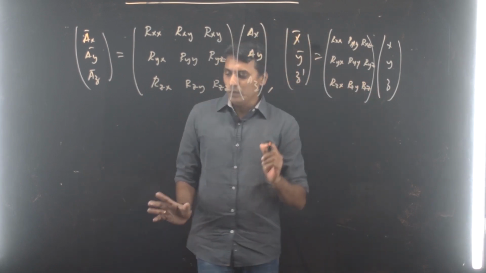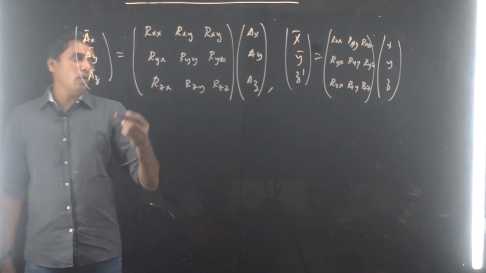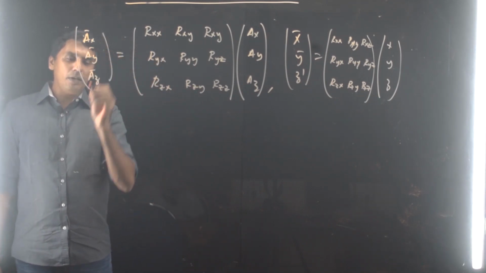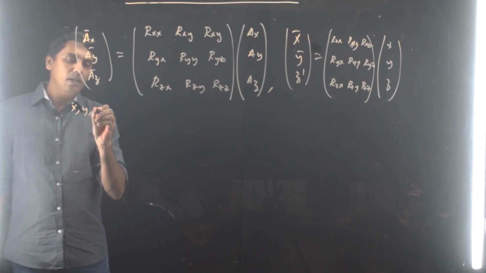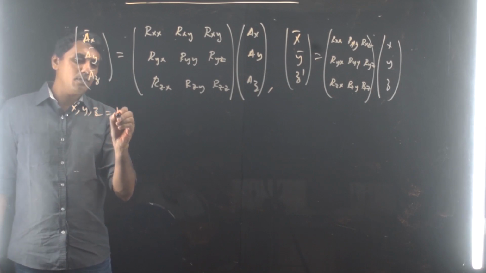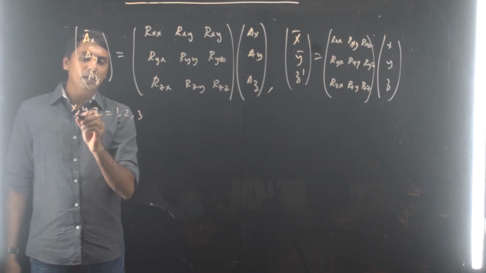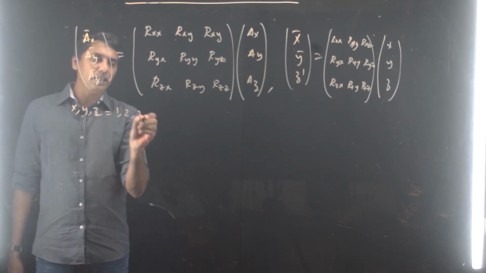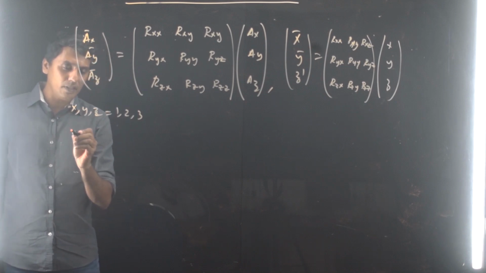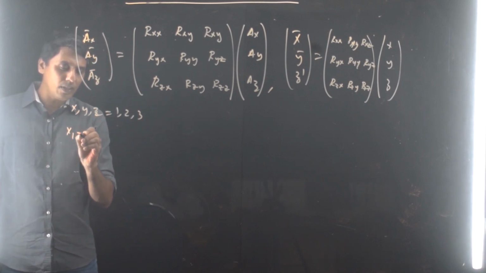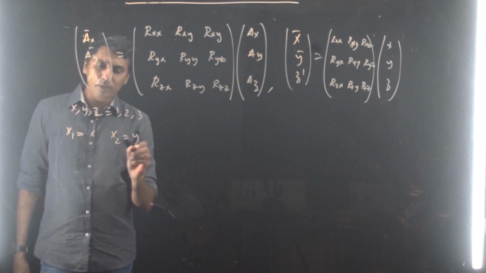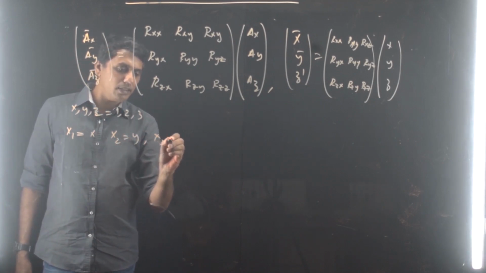Or in a compact notation, if you take x, y, z as 1, 2, 3, I call x the coordinate 1, y as 2 and z as 3. So x1 means x, x2 means y, and x3 is equal to z.